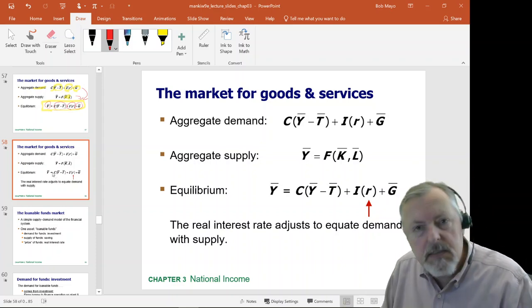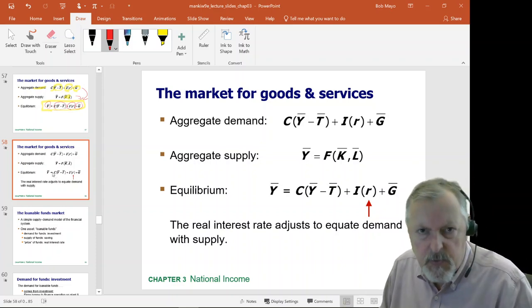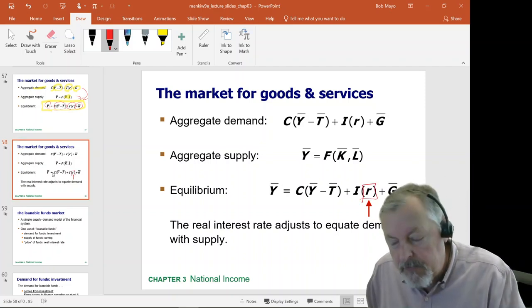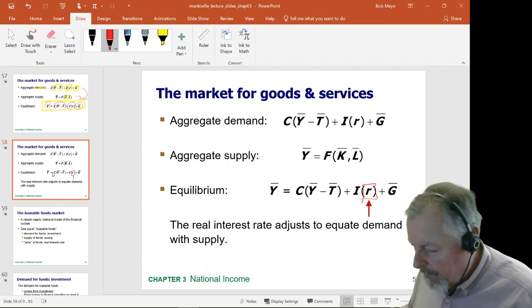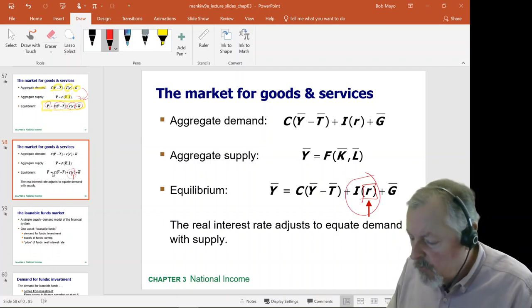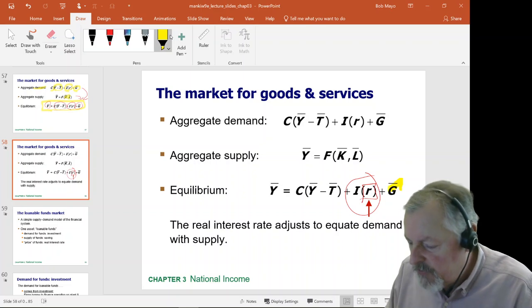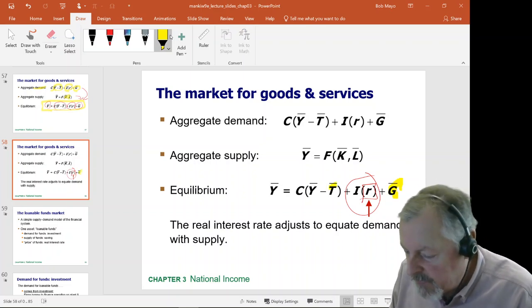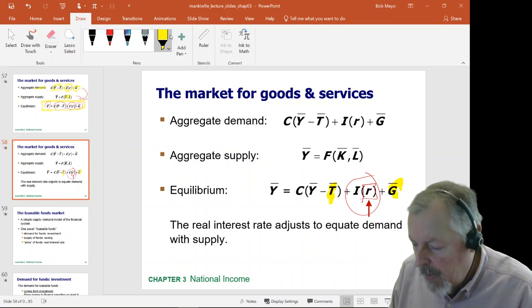Now, what makes this equilibrium? How do you get to an equilibrium? It's this, the interest rate, because that changes the amount of investment. We're assuming that government spending is just fixed. It's exogenous. Taxes are fixed.